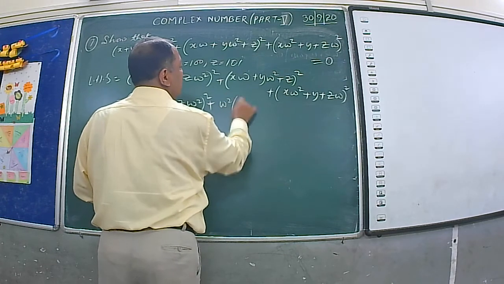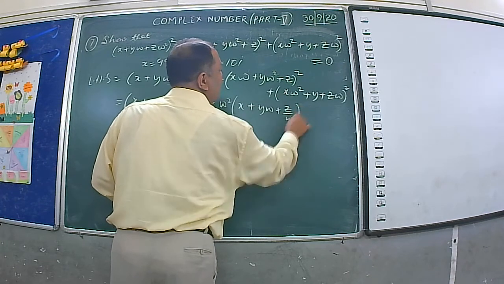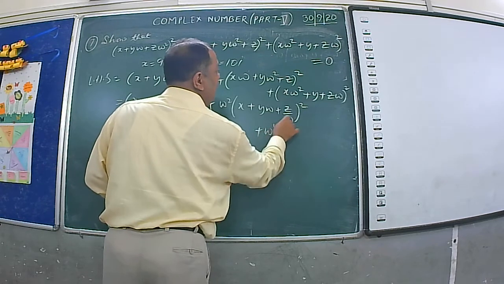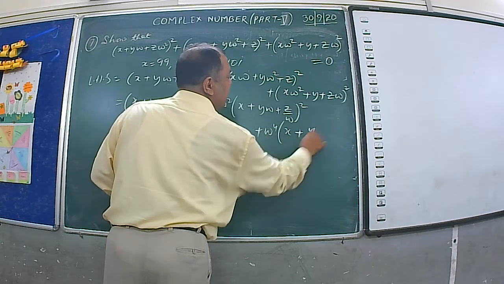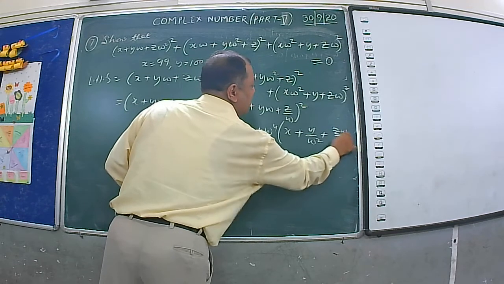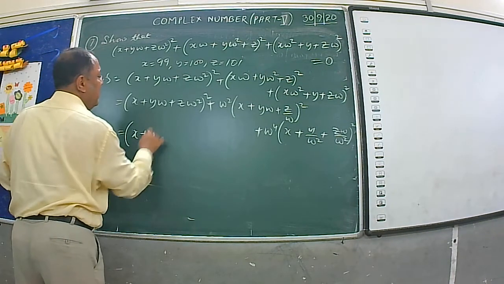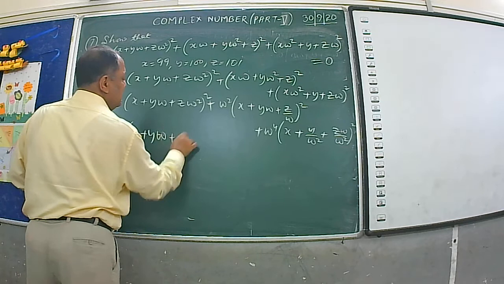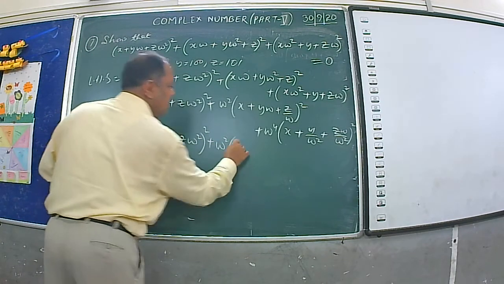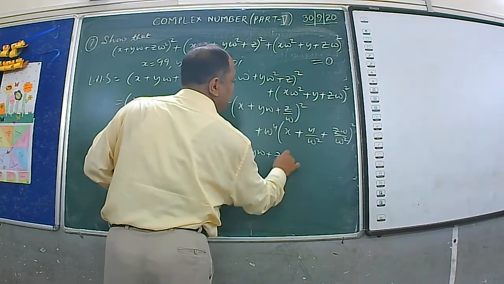It becomes omega square times x plus y omega plus z omega square by omega whole square. And I take omega square common from the third term, which is further written as x plus y omega plus z omega square.